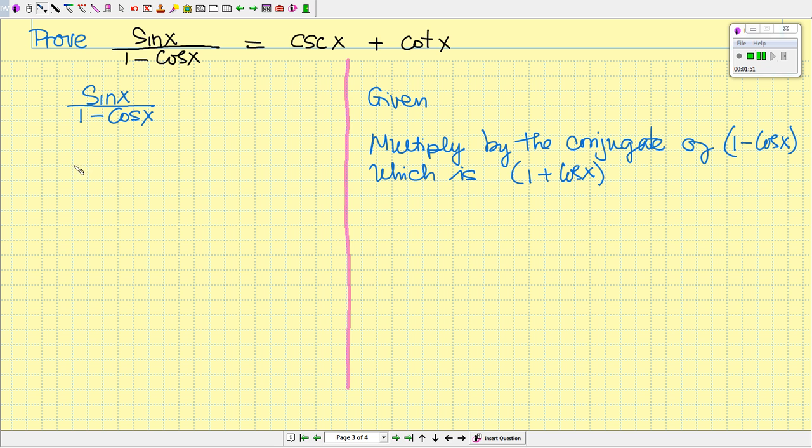So we'll go ahead and write out what we have, sine of x over 1 minus cosine of x. So we'll go ahead and multiply both the denominator and the numerator by 1 plus cosine of x.